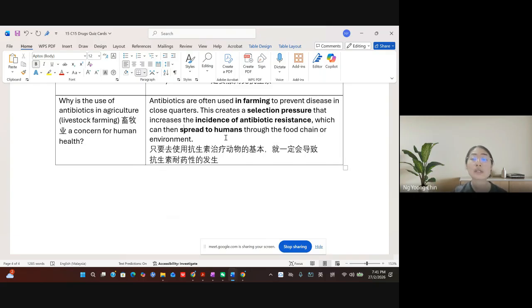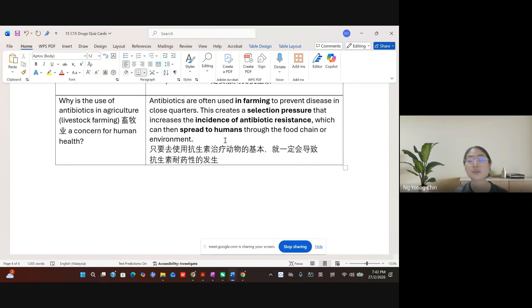When antibiotics enter your body, they can kill the bacteria inside your body. But it cannot be too frequent, because if you prescribe antibiotics too frequently to the animal, especially for treatment purposes, you can create meat products with very high antibiotic residue.